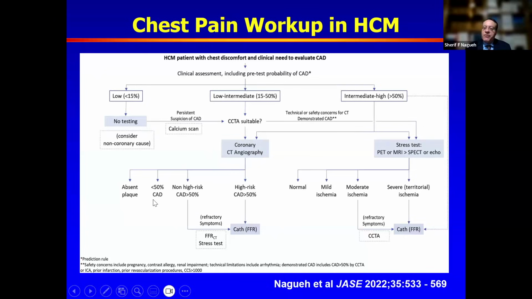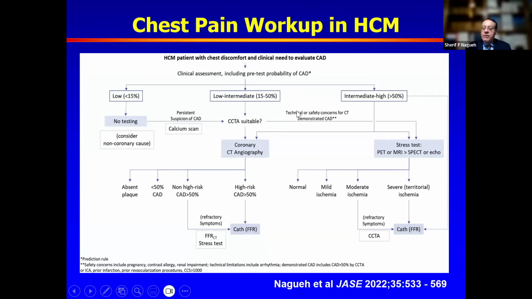Likewise, if there is less than 50% stenosis. If they have a high risk, more than 50%, that's when we proceed to angiography. Also, if it is non-high risk, but CAD probability more than 50% with symptoms, you can either consider a CT fractional flow reserve, or you can refer them to the cath lab.